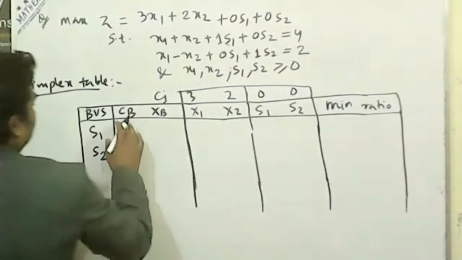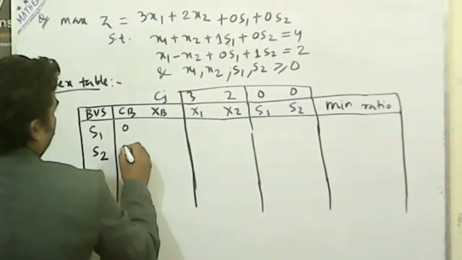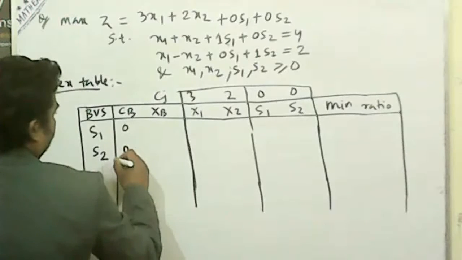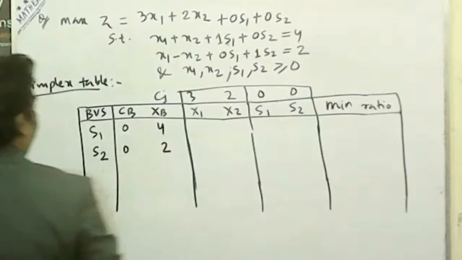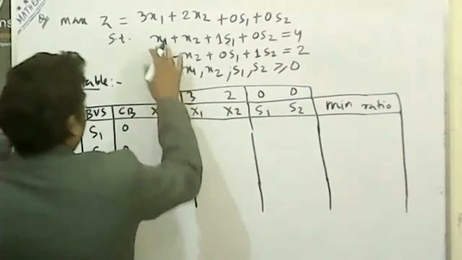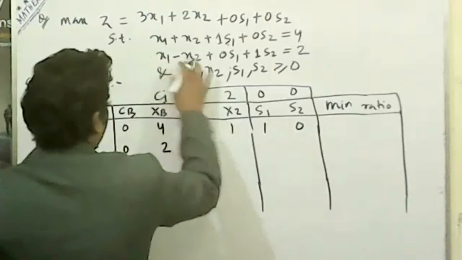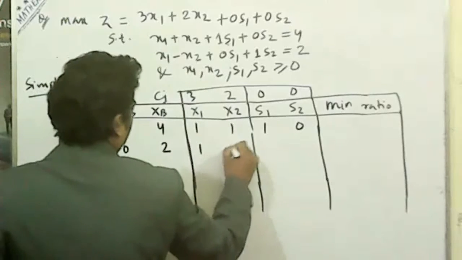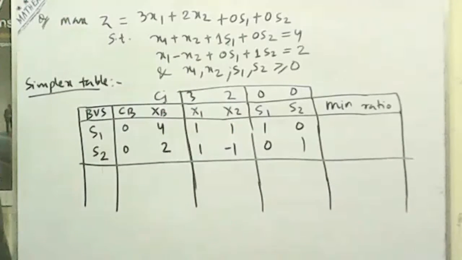CB, the cost values of the slack variables, are 0, 0. XB is 4 and 2. The X1 column is 1, 1, and the next is 1, 0, that is 1, minus 1, equal to 0, 1. Now this is the table.